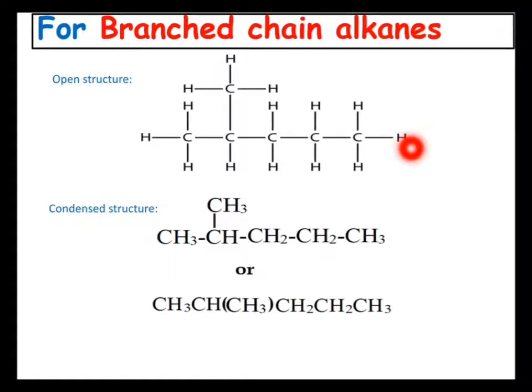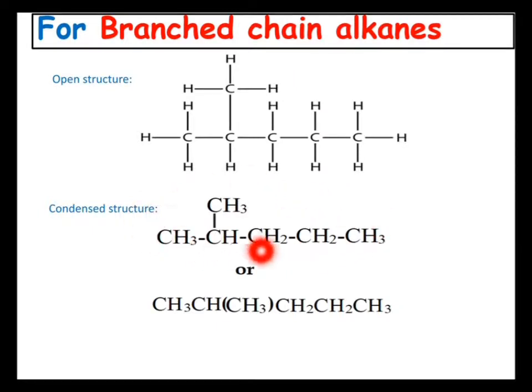Before we get started with naming our first example of a branched chain alkane, I want us to know that most of the examples we'll be looking at will be in the condensed structure form. This is an open structure, but we can derive a condensed structure from it.